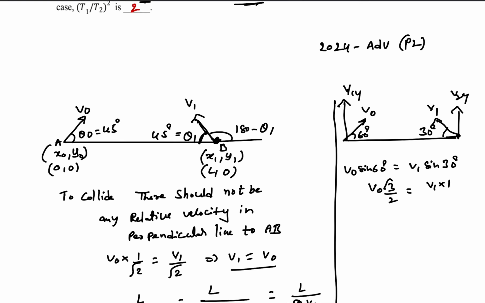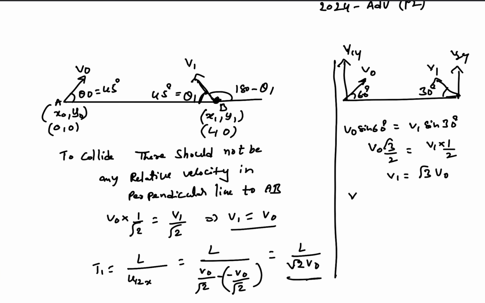We can write v0 into root 3 by 2 is equal to v1 into 1 by 2. So you can write v1 is equal to root 3 into v0. Again, v12 along the x-axis we can write as v0 into cos 60 degrees, in the opposite direction, this is u1x, u2x. I am writing that, plus v0 into cos 30 degrees.